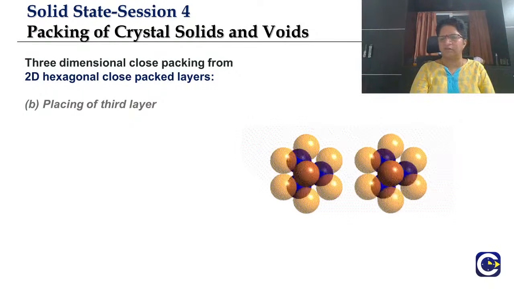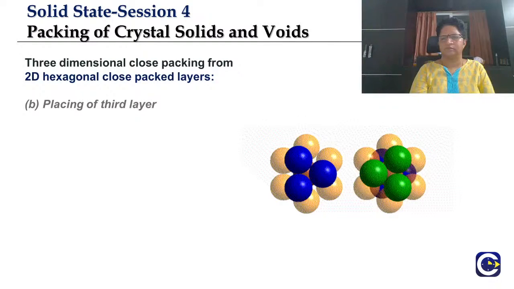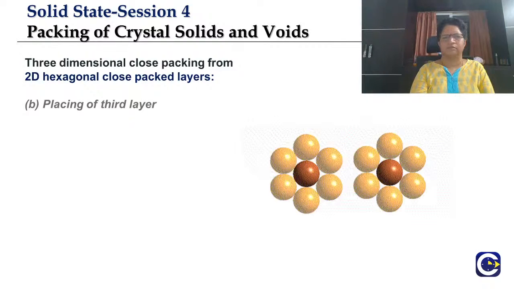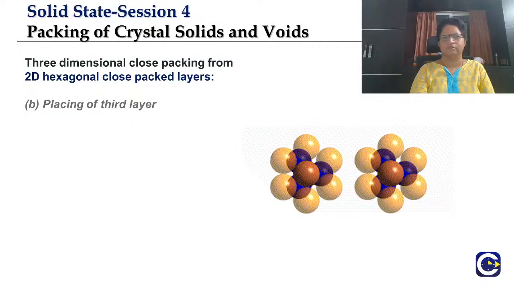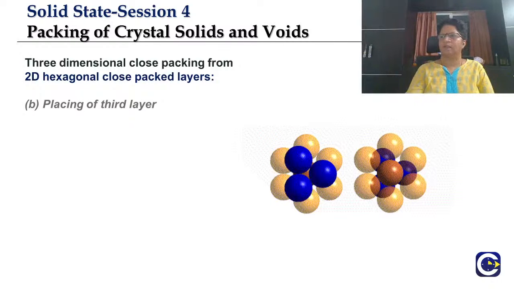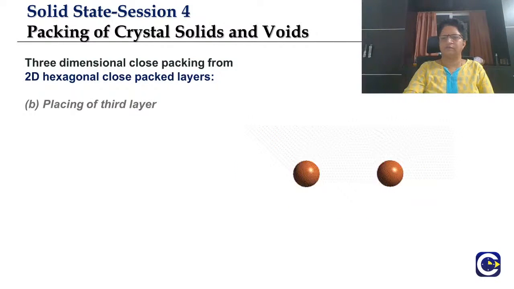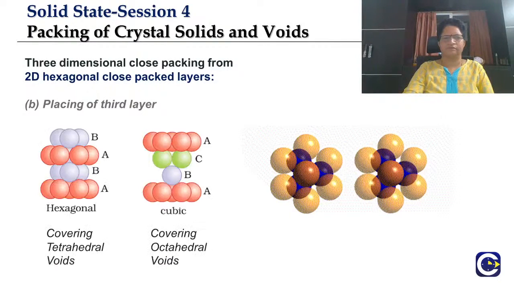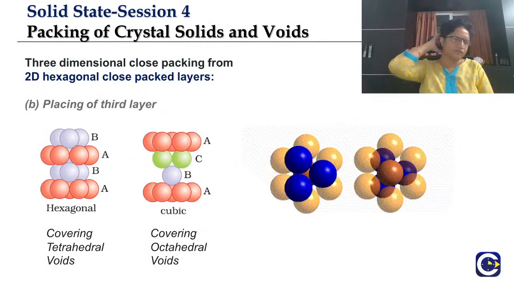HCP structure, hexagon 6. Can you understand how it has been arranged? Let's go to the next one. Fine. You can see the difference now.